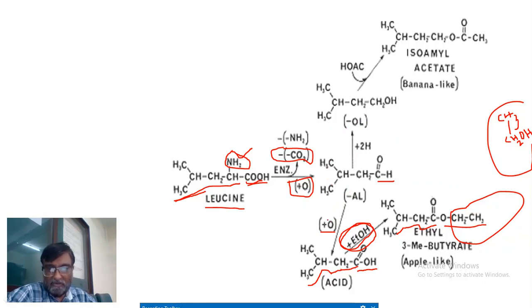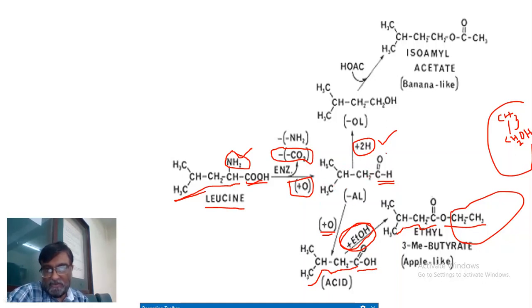Here it undergoes an oxidation process, but after the carbon dioxide and the ammonia have been removed, we go for a reduction process, meaning addition of hydrogen. The addition takes place again at that point, and the rest of the structure remains the same.